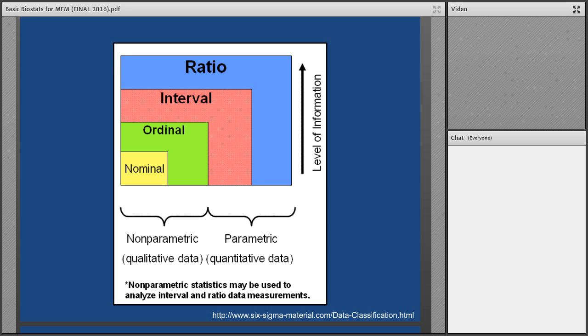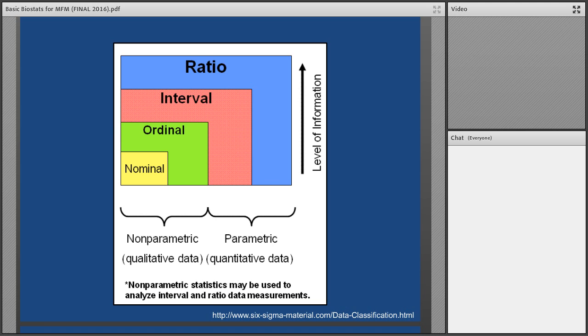when we get to the point of analysis, because the type of analysis that we apply will really depend on how we describe the data. So nominal and ordinal data has qualities to it that make us have to analyze it using non-parametric statistics, and we'll get to the difference between parametric and non-parametric in a little bit.